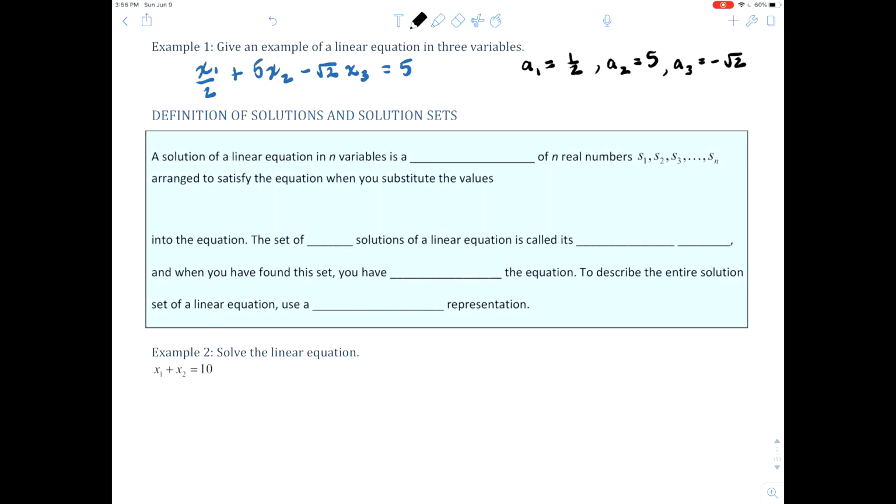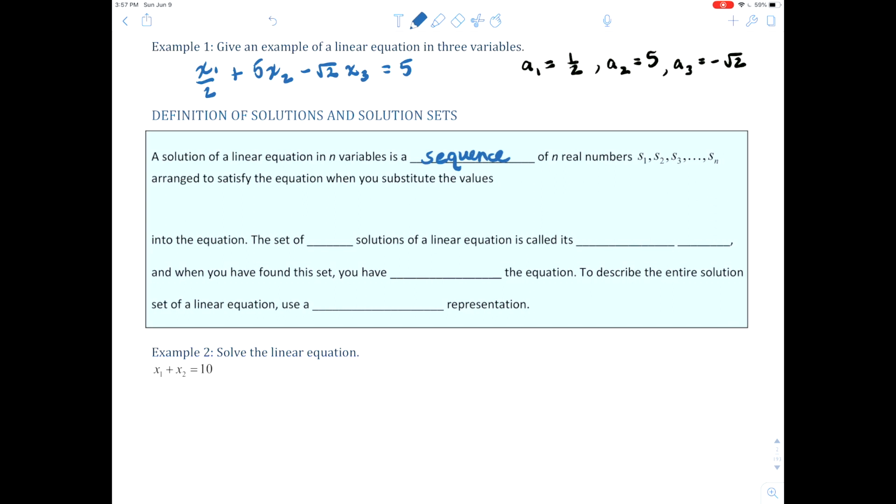Definition of solutions and solution sets. And you really need to, again, pay attention to this stuff and learn it really well. A solution of a linear equation in n variables is a sequence of n real numbers. So s stands for solution, and then they'd be in a set. So s1, s2, s3, all the way down to sn, and it's a lowercase s.